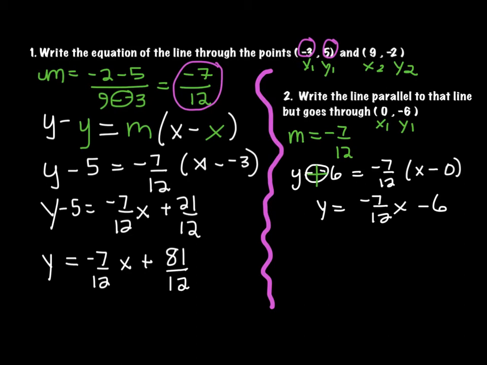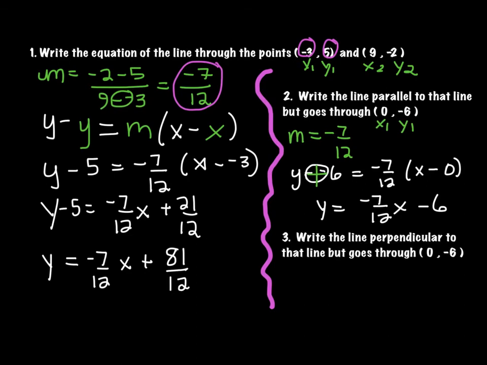Last but not least, perpendicular. So with perpendicular, I also have a slope, but it is going to be the opposite reciprocal of this. So I'm going to change the sign and flip it. And I also have a slope point.